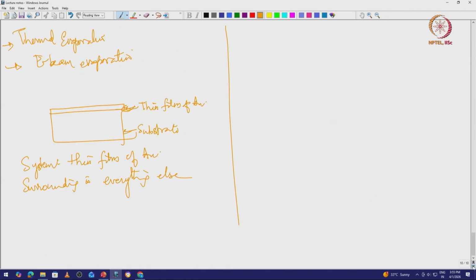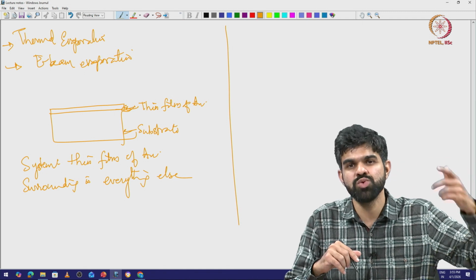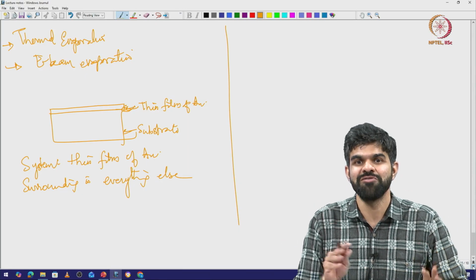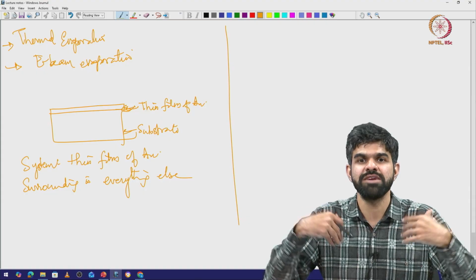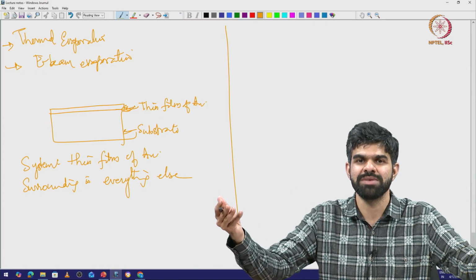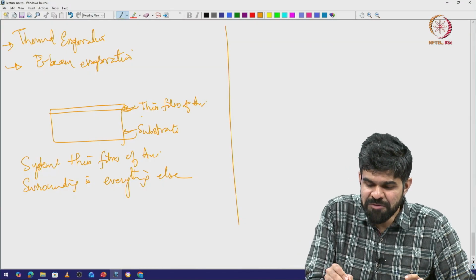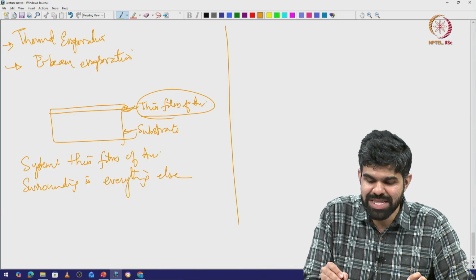Okay. But again, coming back to the point at hand, we will keep on coming back to examples like this, so as to drive home the point of what is under our control and what is in the control of thermodynamics. Here the thin film of gold that I want to grow is the system.